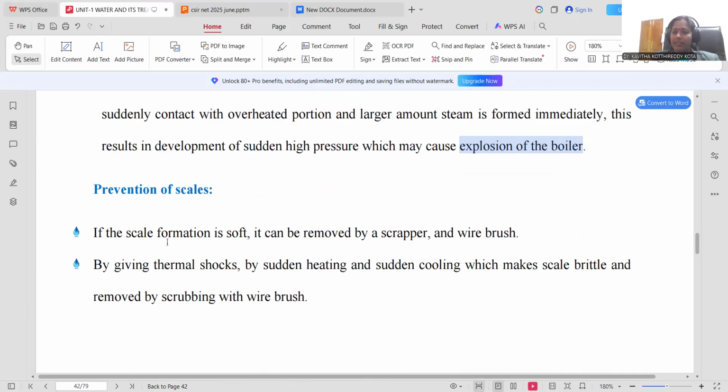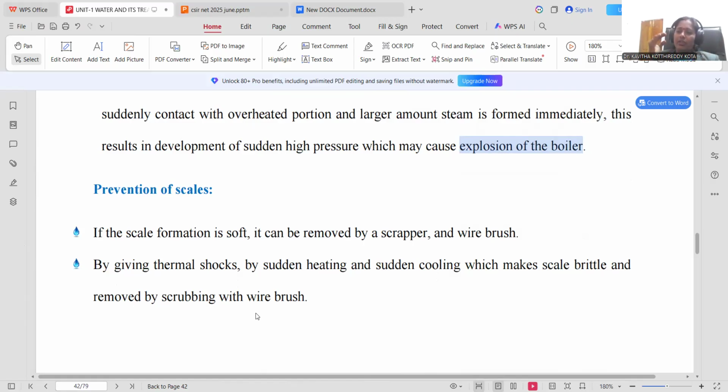If the scales are to some extent soft, by giving thermal shocks, sudden heating and lowering of temperature, the scales will become brittle and be easily removed by a simple brush. Whatever boiler is there, an empty boiler should be taken, and you need to continuously heat that boiler to a higher temperature.